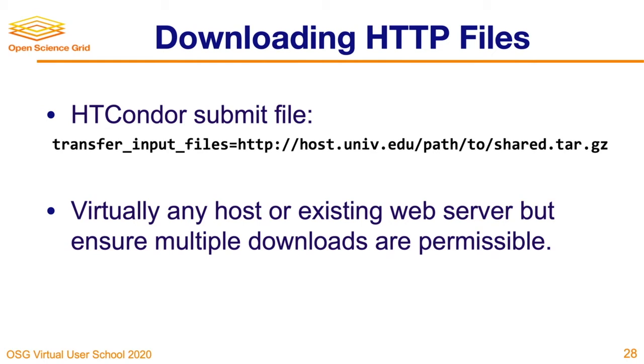It doesn't have to be something you have local control over or something novel. It can be something already existing in place, but you really want to ensure that multiple downloads are permissible, right? Especially if you're queuing up hundreds and hundreds of jobs, each one of those is going to attempt to download the file. And a lot of public web servers have throttles or limits as to how many times you can do that. And that can cause problems when you're running your jobs.